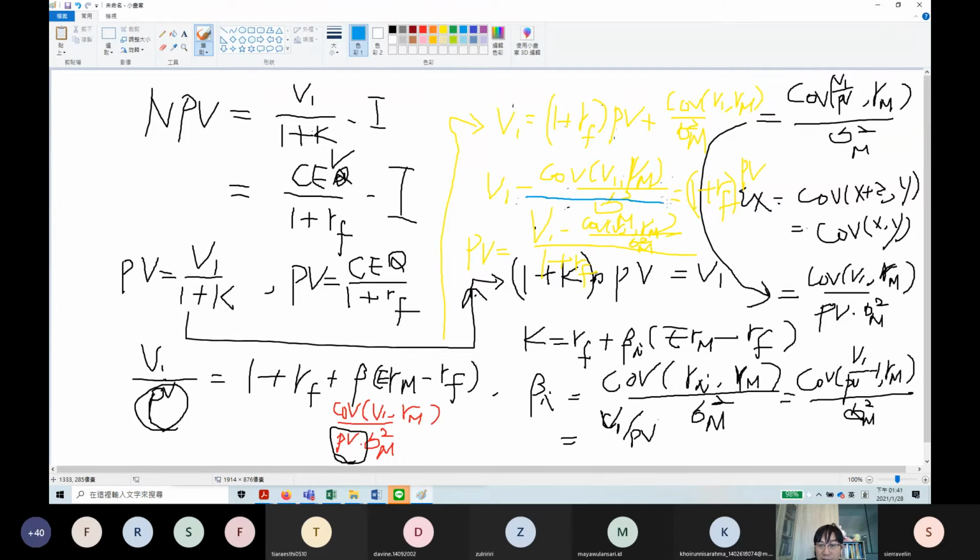You will see the certainty equivalent value: V1 minus the covariance of V1 and the market return RM, divided by sigma M squared.